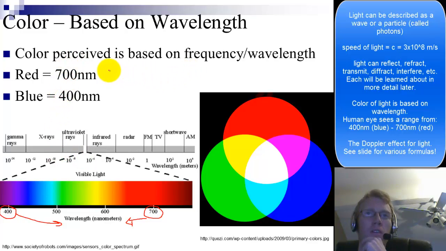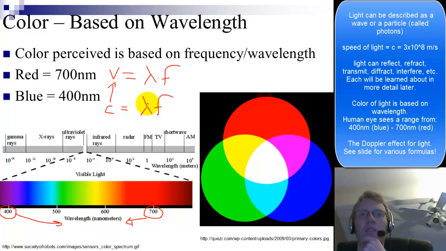So the velocity, we already said, for any wave is the wavelength times the frequency. So for light, you put in the speed of light, which is going to be c, and then you've got wavelength and frequency. You can see right away that if you plug in wavelengths of 400 to 700 nanometers right here, the frequency that you get out is going to be very, very large.